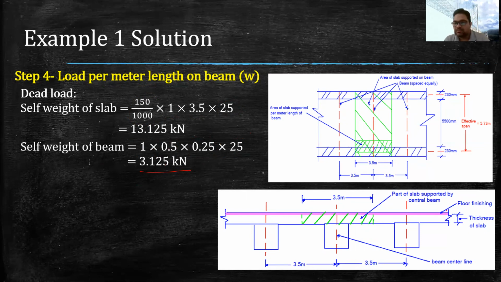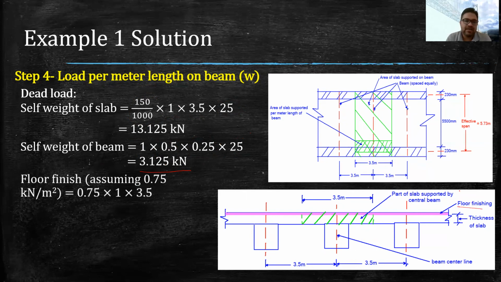After that, floor finishing can also be calculated. The load of floor finishing is not mentioned in the question, but we can assume it, because floor finishing is generally around 0.5 to 1 kilonewton per meter square, which means for unit square, this much load of floor finishing can be taken.